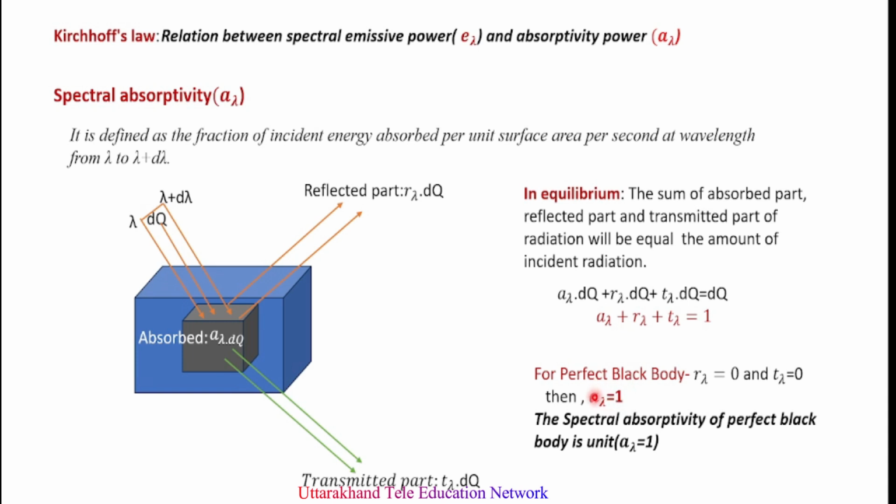That means all the radiation will be absorbed by a perfect black body. So this point we should remember for Kirchhoff's law: the spectral absorptivity of a perfect black body, A lambda, is equal to 1.